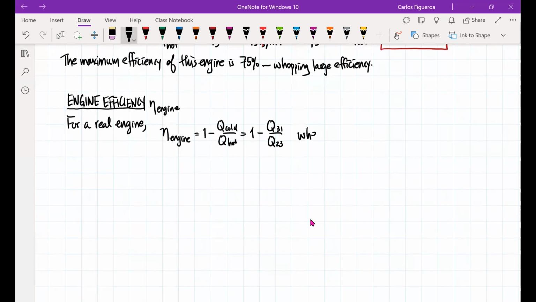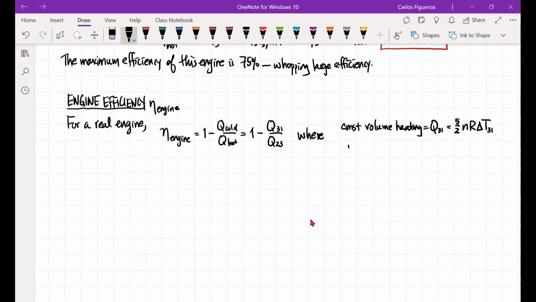where these heatings, when you look at them, note that we have constant volume heating for Q31. So that means, because this is a diatomic gas, it's going to be 5/2 nR delta T31.